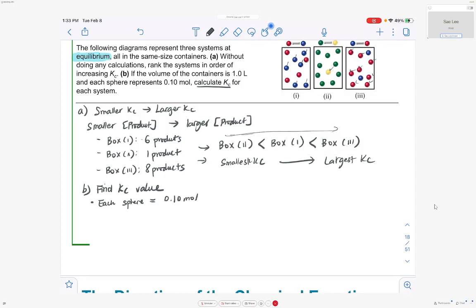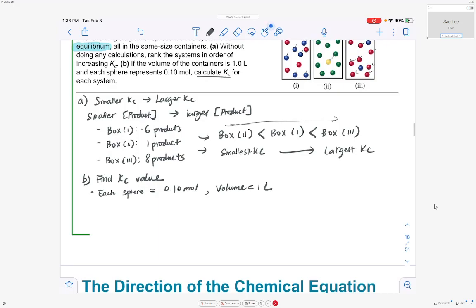Okay, and then it says the volume is 1 liter. Okay, so for box 1, product for box 1 has 6 spheres. So 6 spheres equals 0.6 mole. Okay.